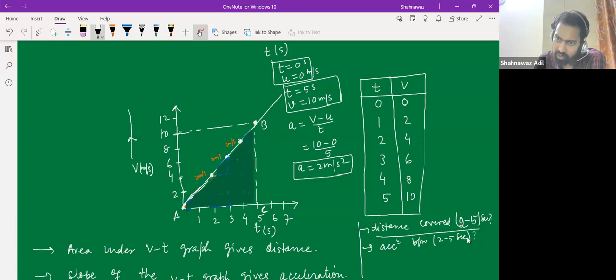Calculate and tell. So from 2 to 5 seconds, what is the distance and what is the acceleration?